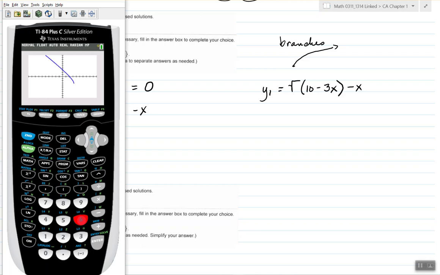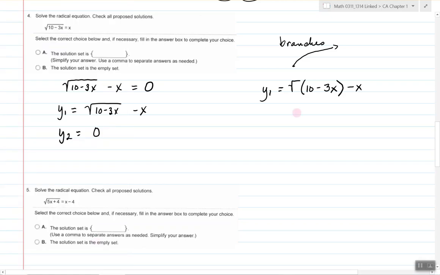Okay, well, this actually is a branch, but it is a branch that has been twisted all around. So you can see it has a starting point and it's heading off at a weird angle. It's a branch, but it's a weird branch. There seems to be only one point of intersection. Second, calc, number 5, head to that x-intercept, enter, enter, enter, and I get a single answer.